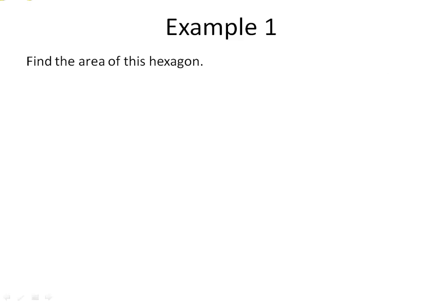Example 1. Find the area of this hexagon. The only thing they gave us was that the apothem is 5 square root of 2. Since the original angle was 120 and the radius is an angle bisector, the angle inside the triangle is 60, and half of the side is x.